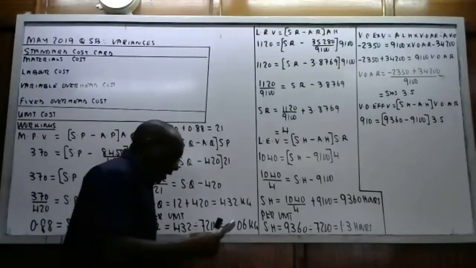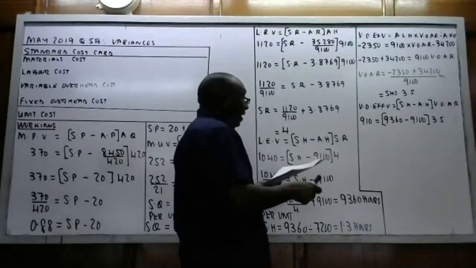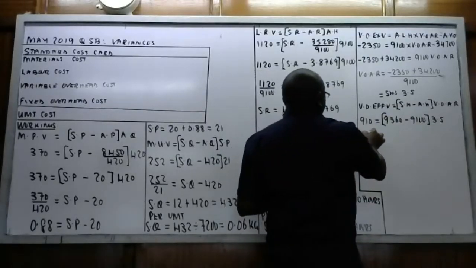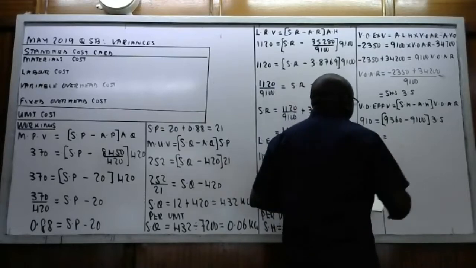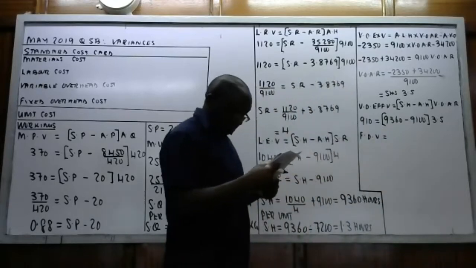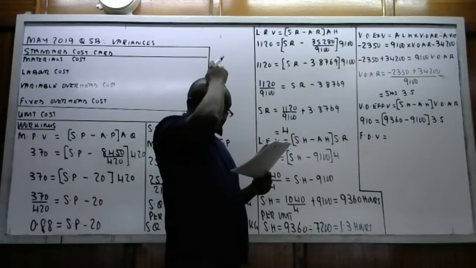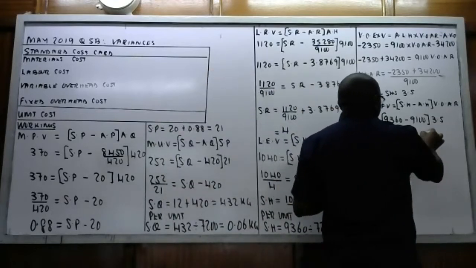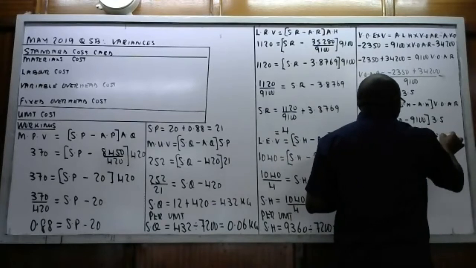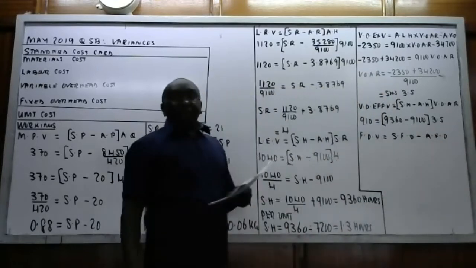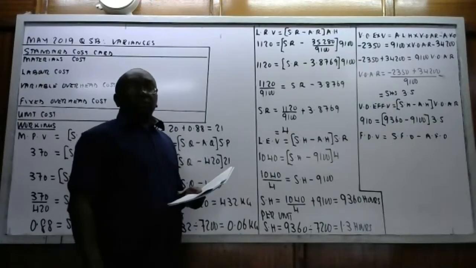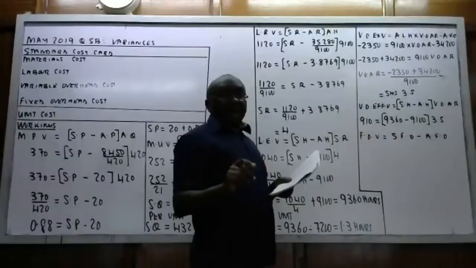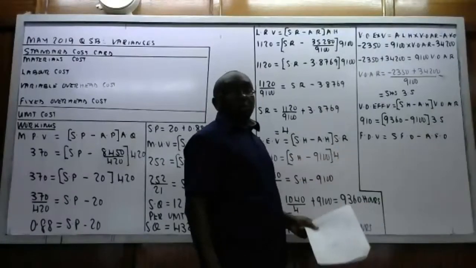So the last one is the fixed overhead variance. So that must be the total fixed overhead variance, which is supposed to be given as standard fixed overheads minus actual fixed overheads. Now that is adverse, meaning actual is higher.